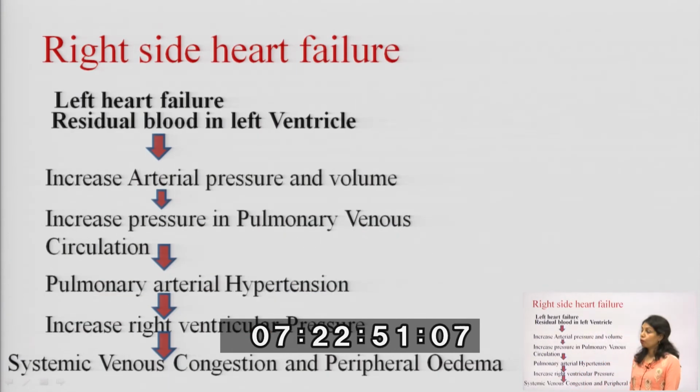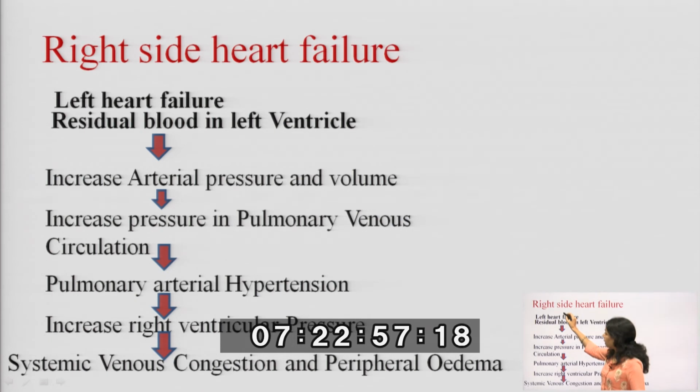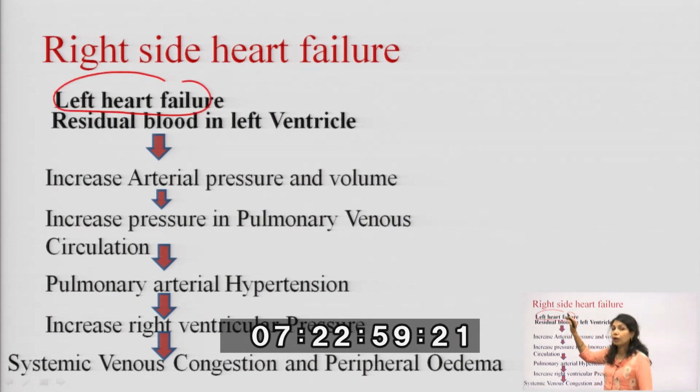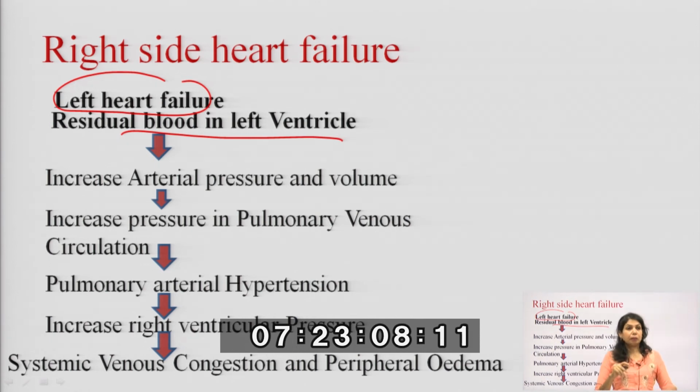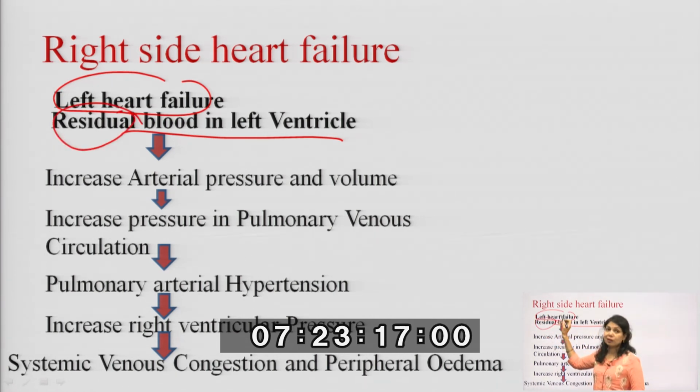Now, this flow chart shows what happens when there is right side heart failure. See, left side heart failure may ultimately lead to right side heart failure. In left side heart failure, what has happened? There is residual blood in the left ventricle. The blood in the left ventricle is accumulated because the left heart is not functioning properly.